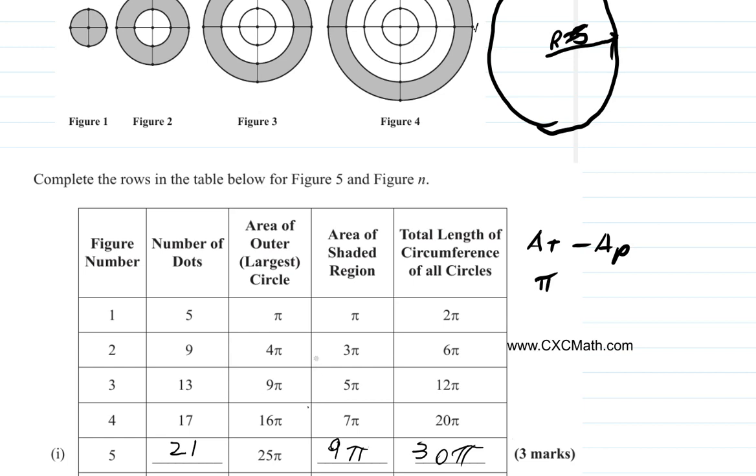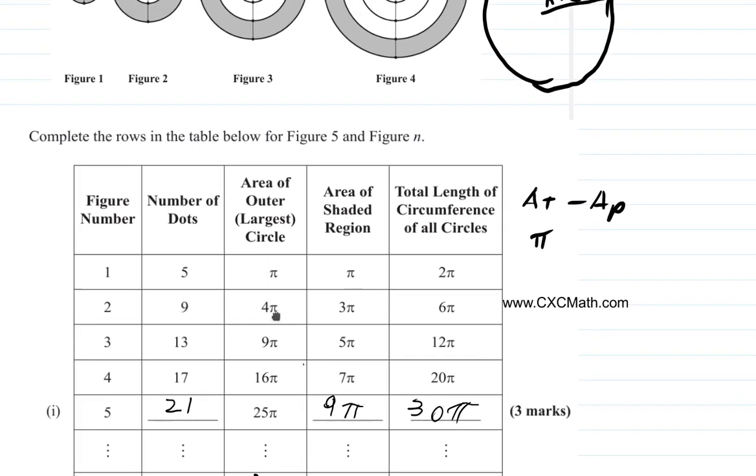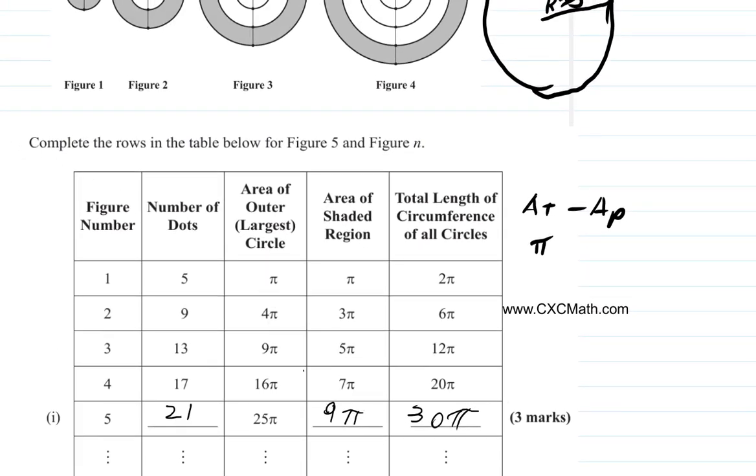For figure 2, the area of the shaded region in figure 2, we want this. It is the total area, the outer circle, 4 pi minus pi, not minus 3 pi.